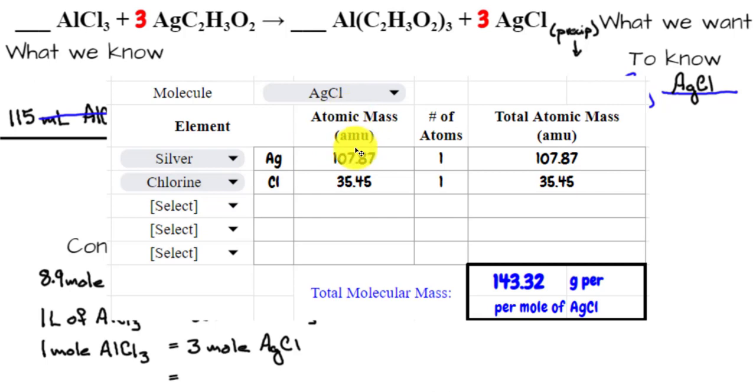I can use the atomic mass of silver with one atom and the atomic mass of chlorine with one atom. When I take the sum of that, I get 143.32 grams for every 1 mole of AgCl.